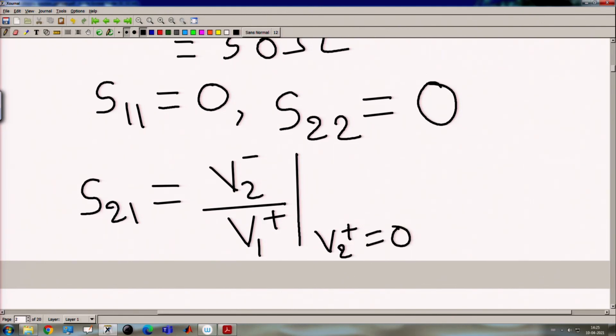V2 plus equal to 0 means port 2 is again terminated with a matched load, and we know S11 equals S22 equals 0.